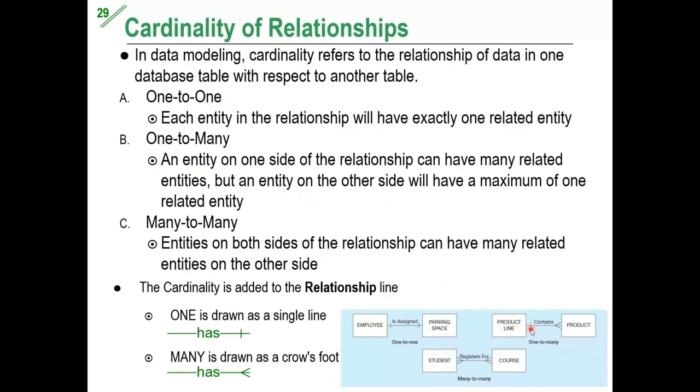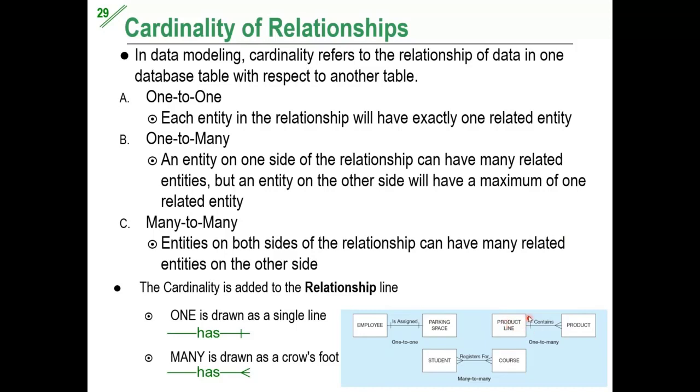So how are you going to establish this? This is how we establish one-to-many. For example, remember the earlier example I told you: one person can order many products, and one order can have many items. That is what we call the product line, with many items.